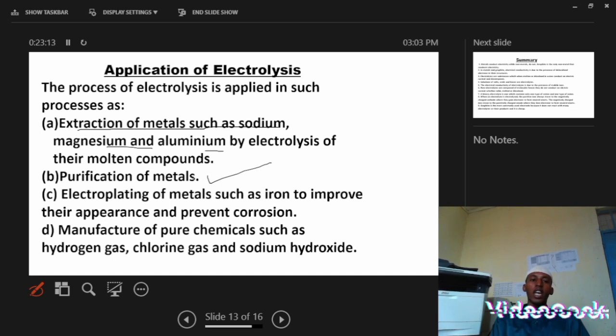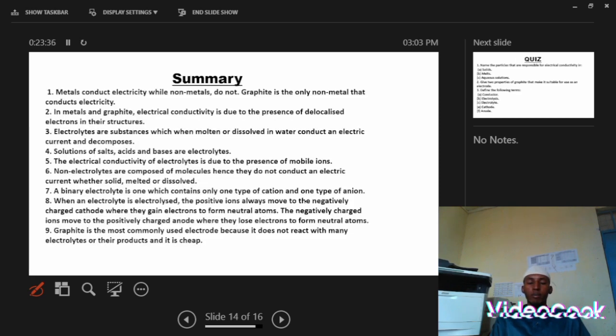Also, electroplating of metals such as iron to improve their appearance and prevent corrosion. And the manufacture of pure chemicals such as hydrogen gas, chlorine gas, and sodium hydroxide.